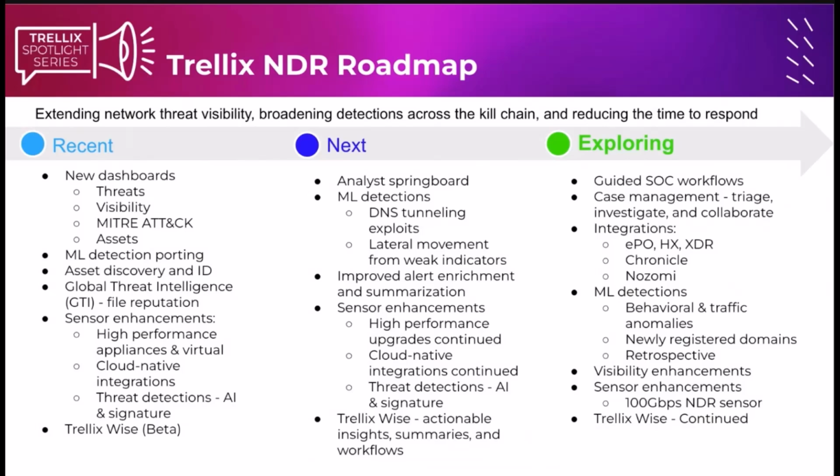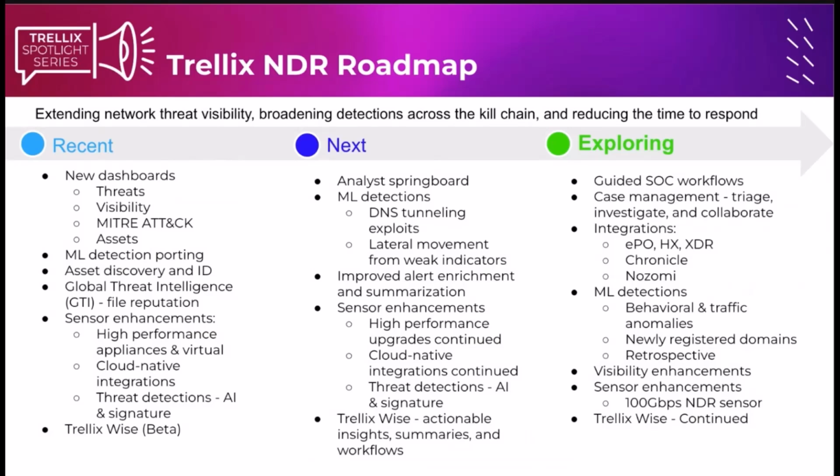We also added some threat detections with our AI and additional signatures. And in our earlier release, we've integrated with Trellix Wise, allowing for a summarization of alerts and for getting additional information on what actions the analyst should take.